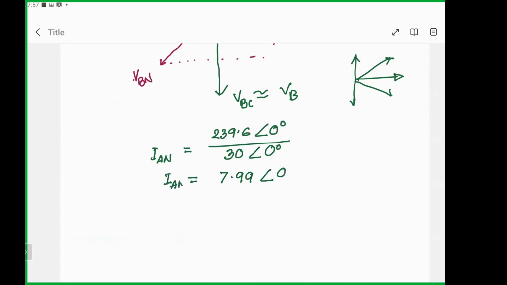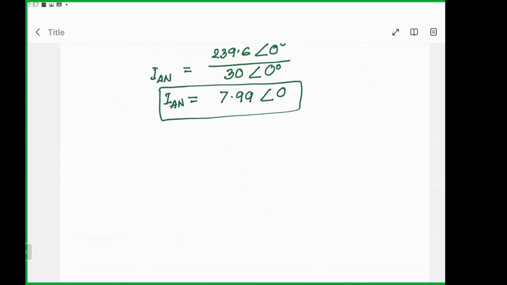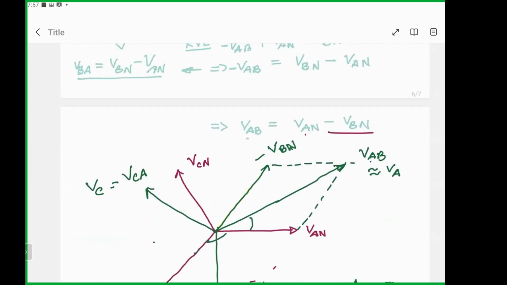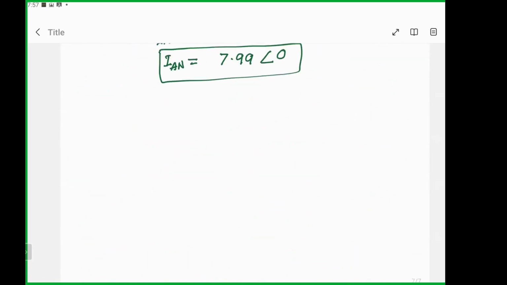So this is IAN. So similarly, because it's a symmetrical component, I can draw the phasor diagram of this one. And with this one, I can also write down that my line current in this node, this is my line current IA. And in this node, I have only one incoming current and one outgoing current. So I can just write down IA is equal to IAN, and that should be equal to 7.99, making an angle of 0 degree.